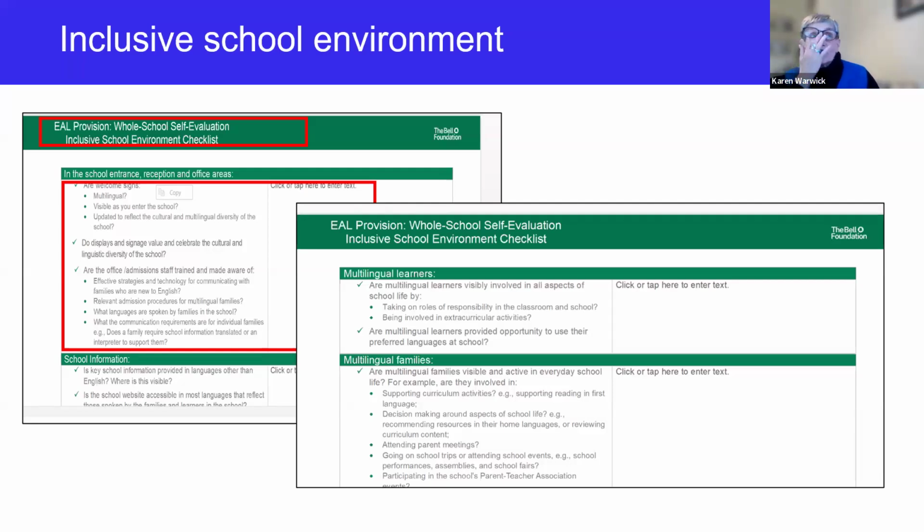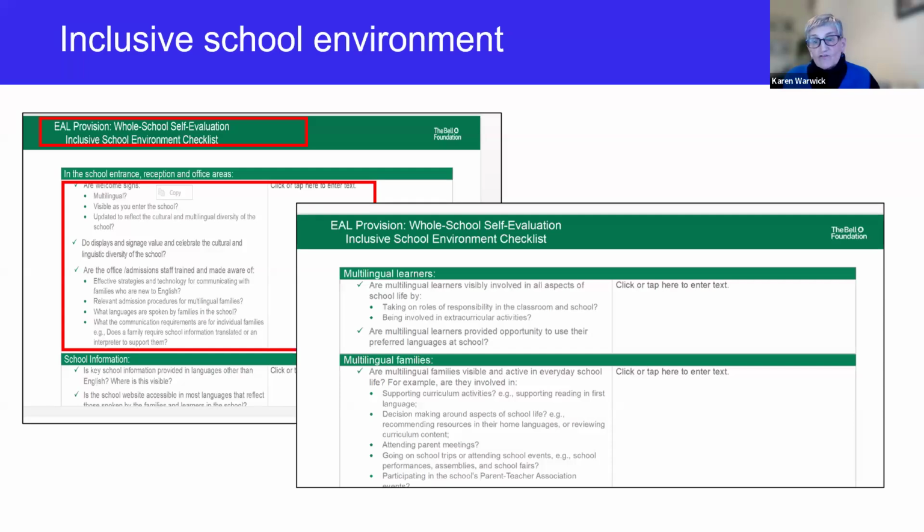In the evaluation process, make decisions about what you want to focus on and what you want to look at. But these questions will enable you to go much deeper into reviewing and gathering evidence on how inclusive, welcoming and supportive the school environment is.